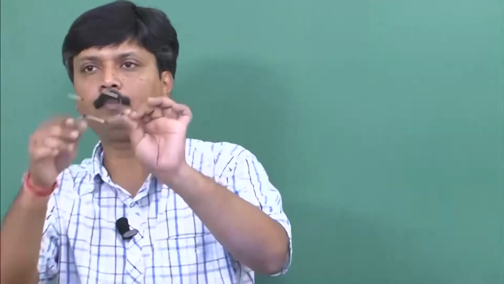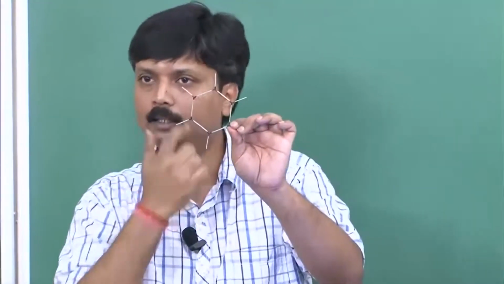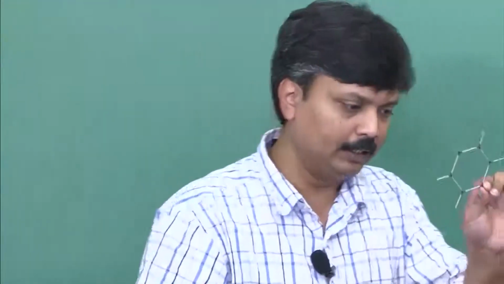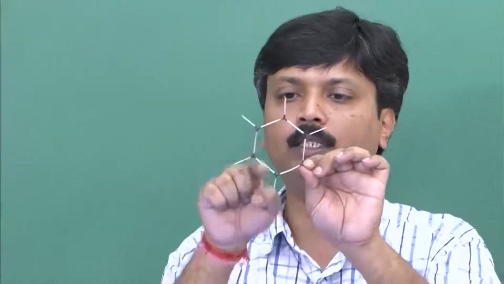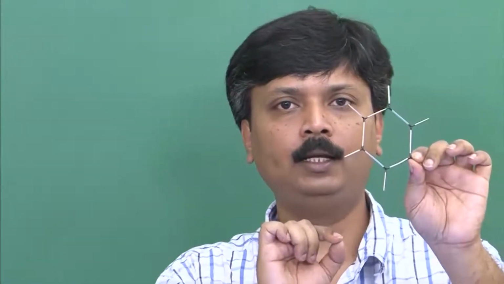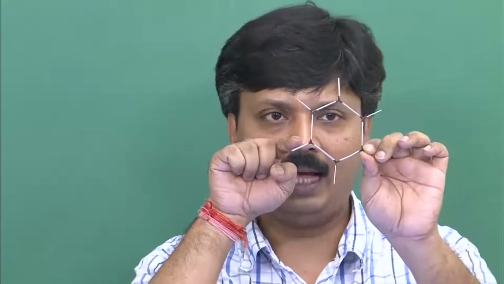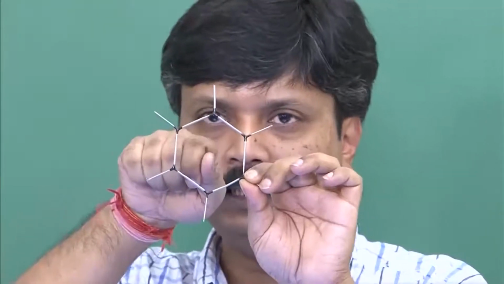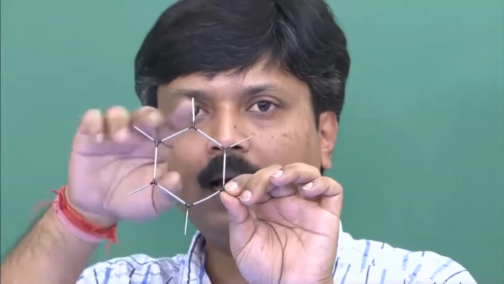Say for example this, all of you know what this model stands for, right? This is a benzene molecule, so all 6 carbons and 6 hydrogens. So now I can easily figure out what will be the principal axis of symmetry. If I have an axis just passing through the middle of this benzene ring and I rotate it by 60 degrees, I get another indistinguishable structure.